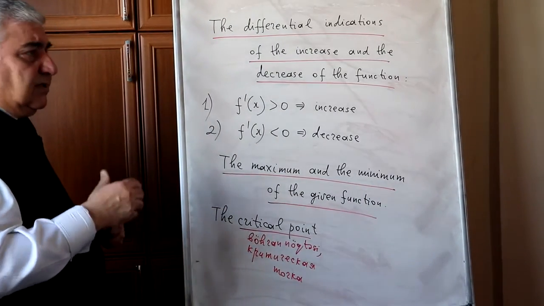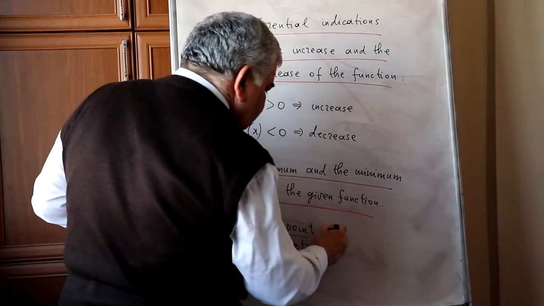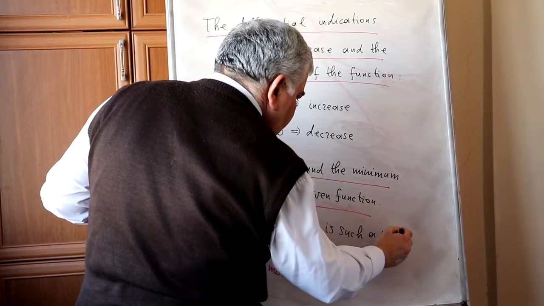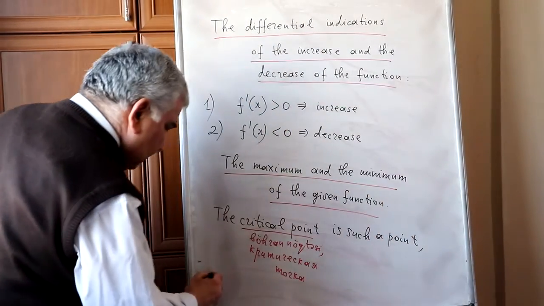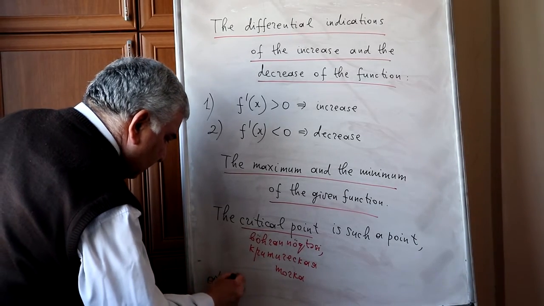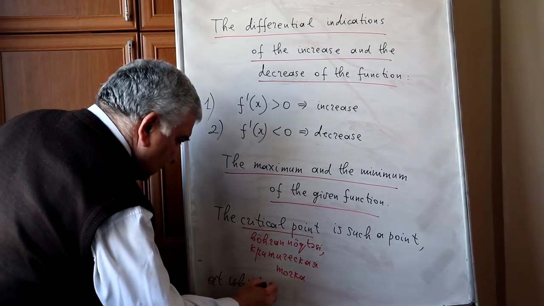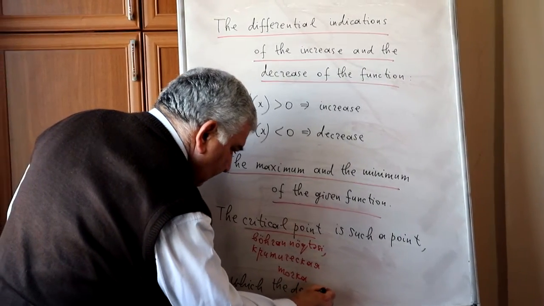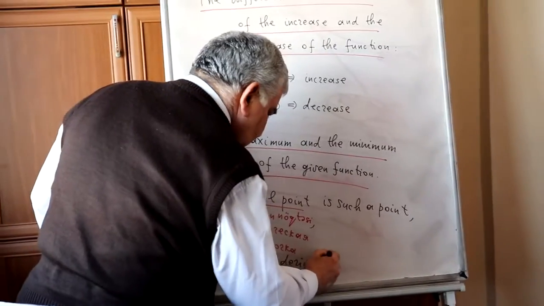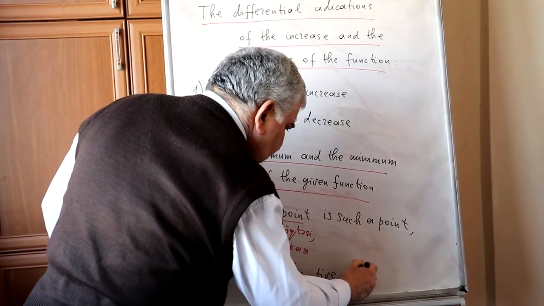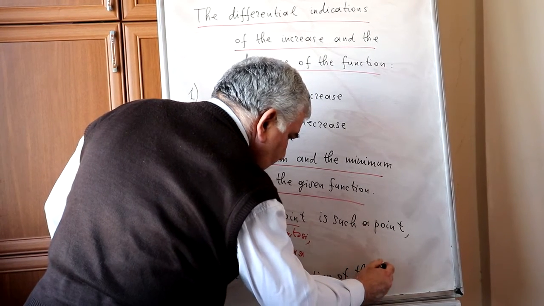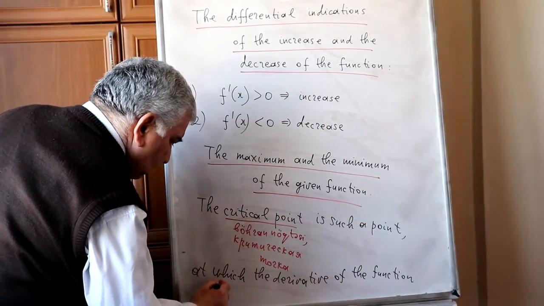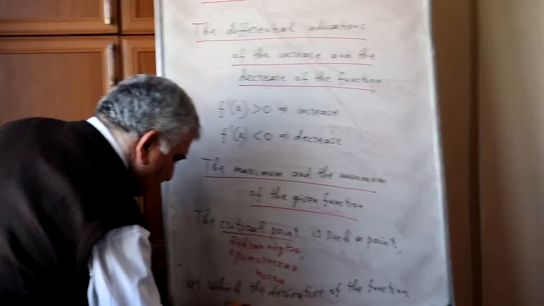The critical point is such a point at which the derivative of the function is zero or doesn't exist.